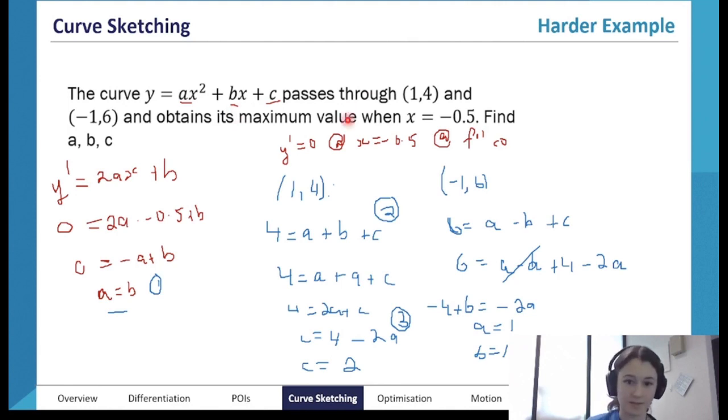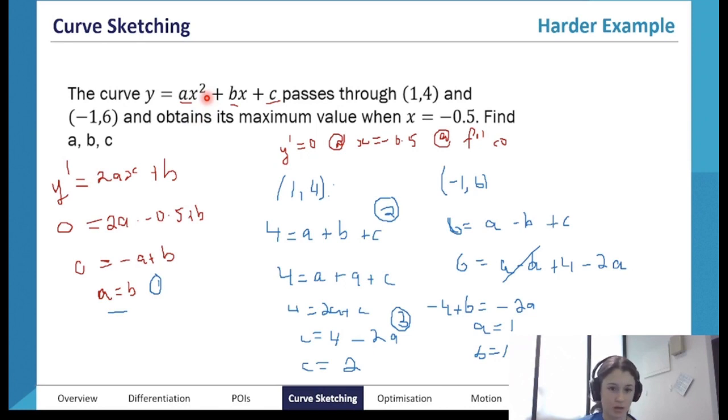So that means that this point that we found is the only stationary point. As a general rule, especially when you're getting into curve sketching, a curve can only have the number of stationary points that's one less than its highest power.